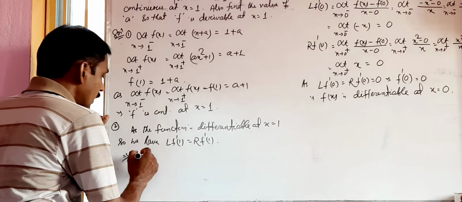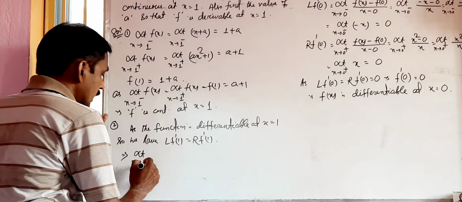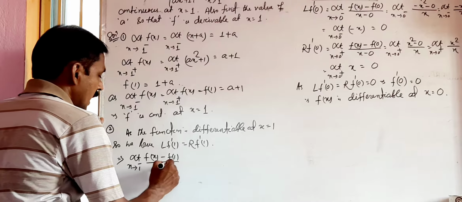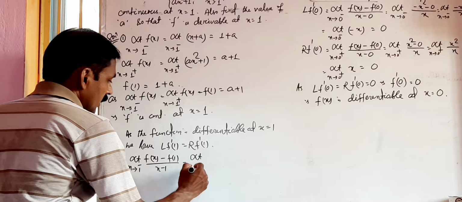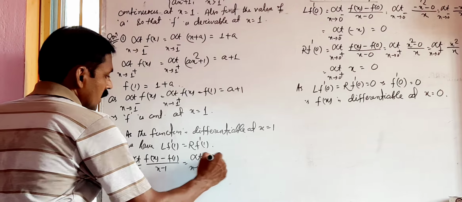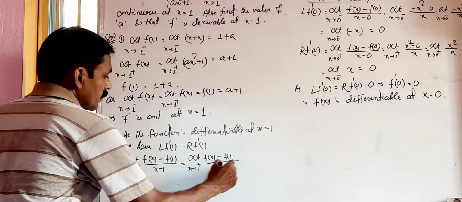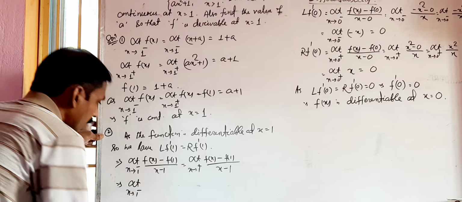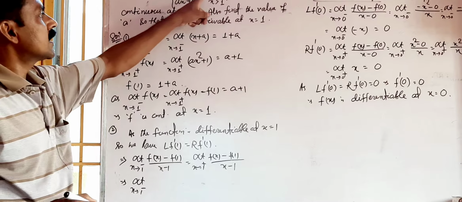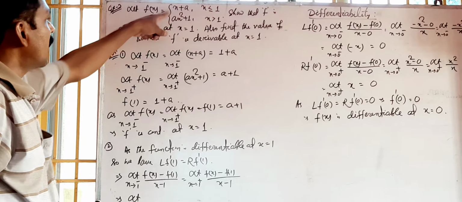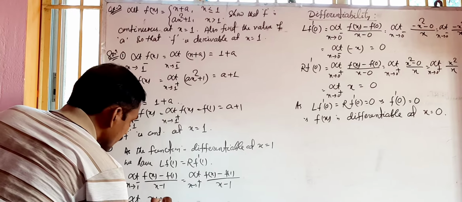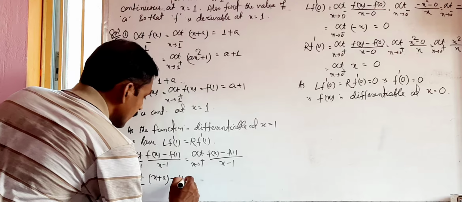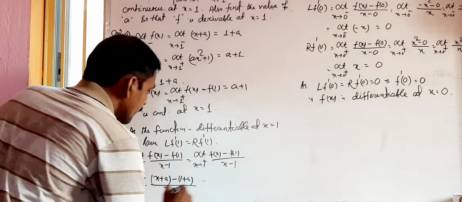This implies limit x tends to 1 minus f of x minus f of 1 by x minus 1 equals limit x tends to 1 plus f of x minus f of 1 by x minus 1. Now what is f of x when x is less than 1? The value of f of x is x plus a. You can write this as x plus a minus f of 1. What is f of 1? 1 plus a, by x minus 1.